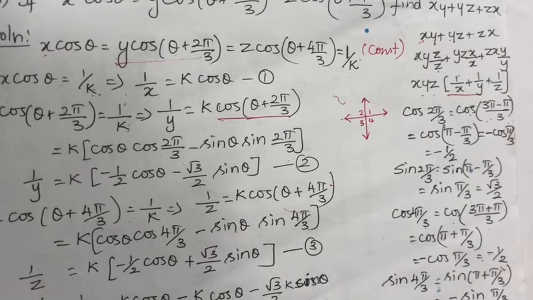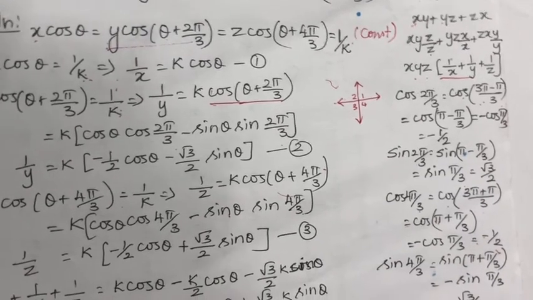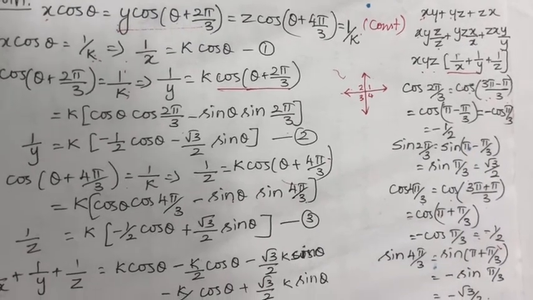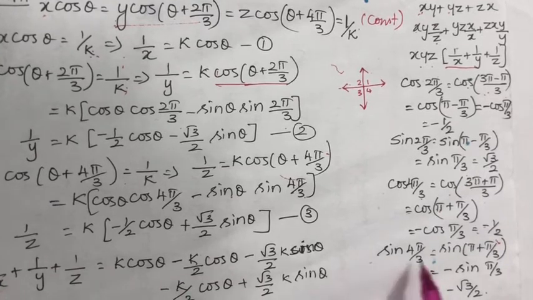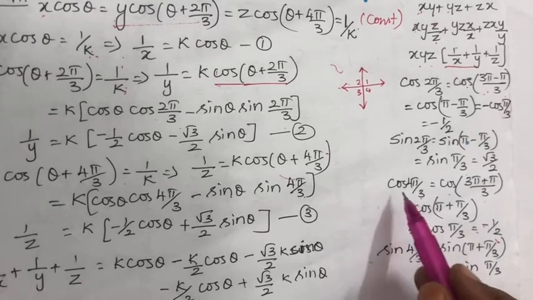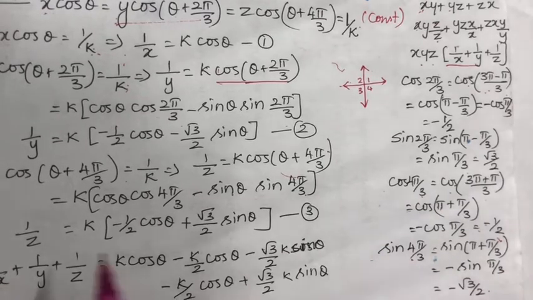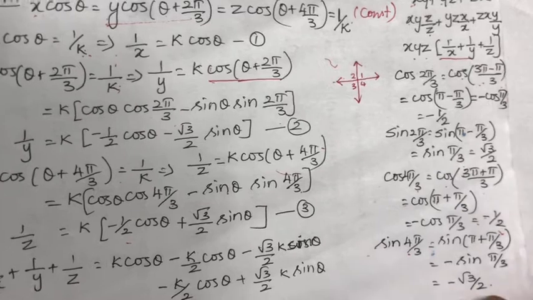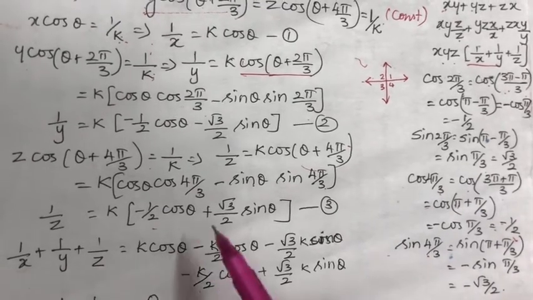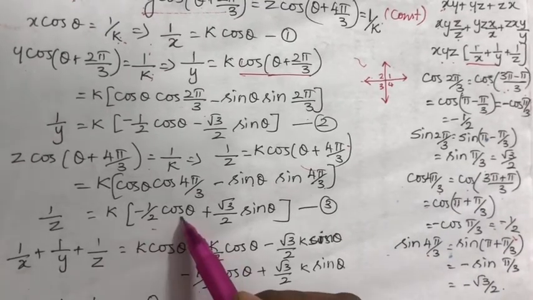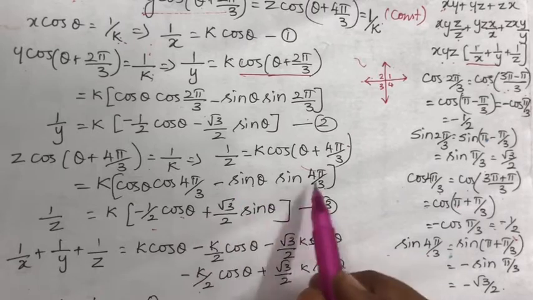Similarly sin 4 pi by 3. Here it's also coming in the third quadrant. In the third quadrant sin is also negative. So minus sin pi by 3 and it is minus root 3 by 2. So the values of cos 4 pi by 3 and sin 4 pi by 3 have to be substituted here. So k into minus 1 by 2 cos theta, here also minus, isn't it?